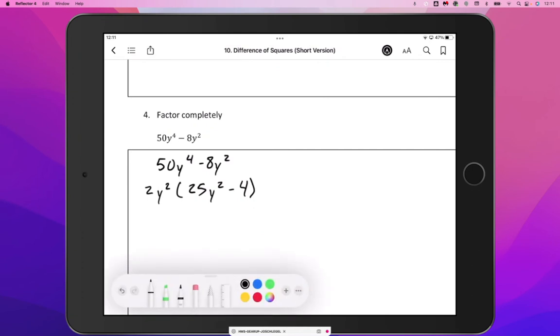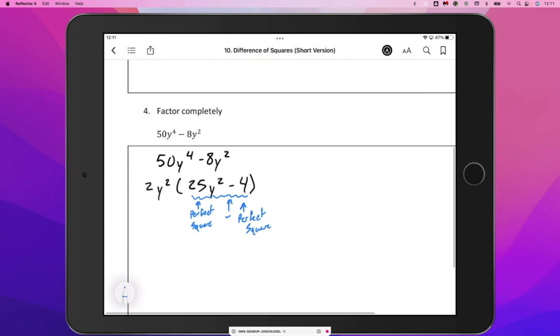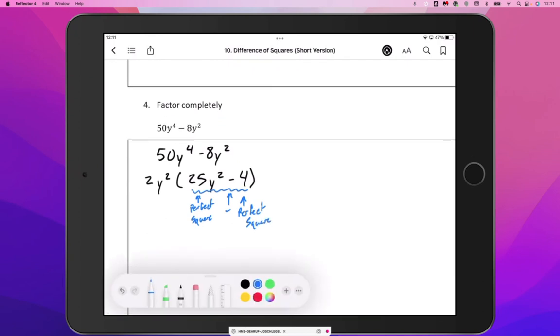And so now what we need to focus on is factoring this piece here in the middle. So I see that's a perfect square. That's a minus sign, and that's a perfect square. So we need to keep that 2y to the power of 2 on the outside there.